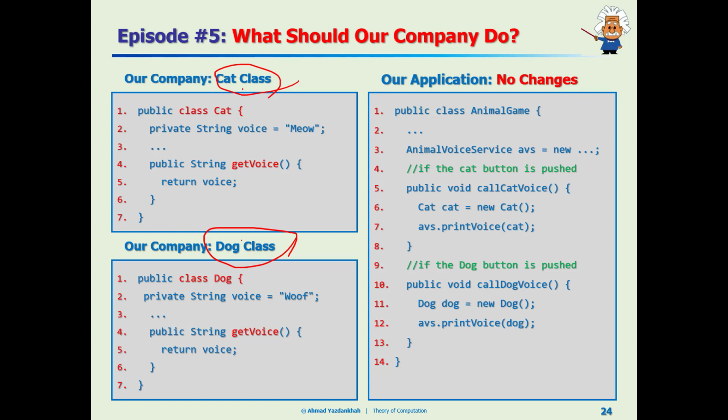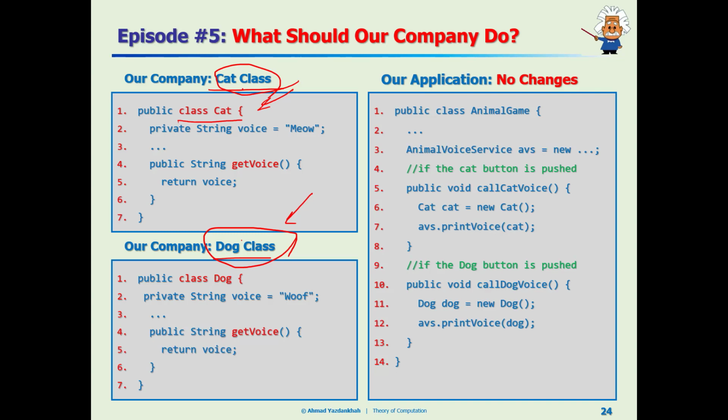Let's see what our job is in this case. If we just keep these classes like this, it's not going to work, right? How come? Because the dog class and cat class should have some relationship with the animal interface. How can we make a relationship between the cat class and the animal interface?